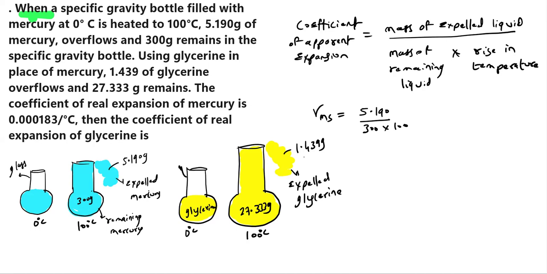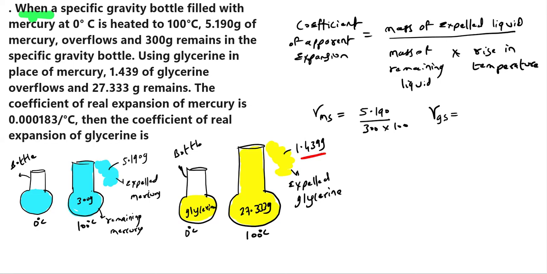So this is a specific gravity bottle. Instead of glass, better write water. Usually they are made up of glass. Similarly, again using the same formula, apparent expansion of glycerin with respect to specific gravity bottle is equal to mass of expelled liquid.